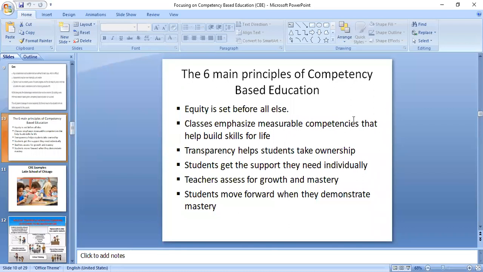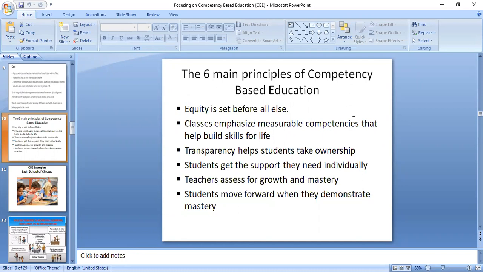Next is classes emphasize measurable competencies that help build skills for life. What is that? Competencies must be defined in advance and set as learning objectives for each student. What are these competencies based on?